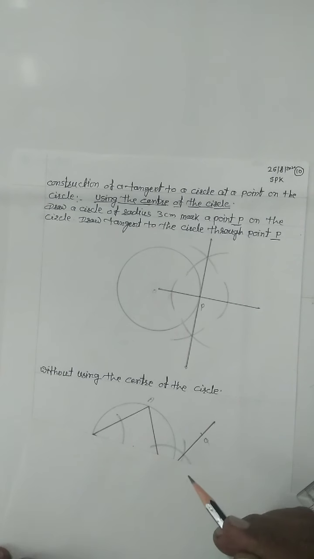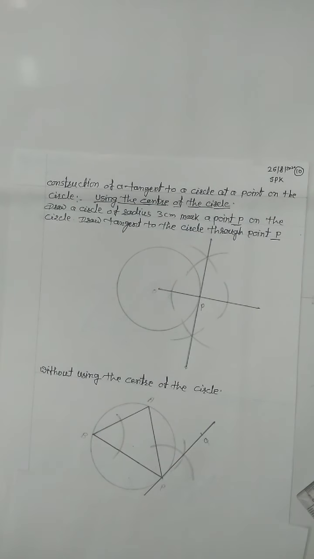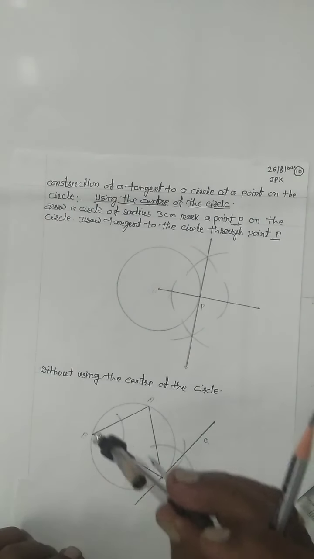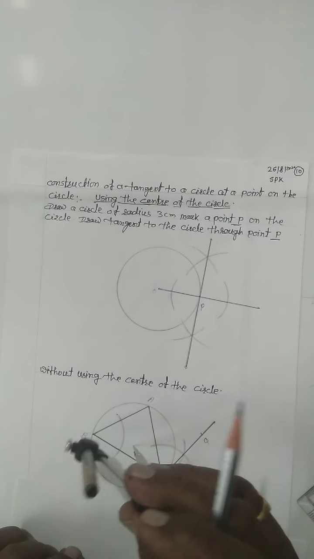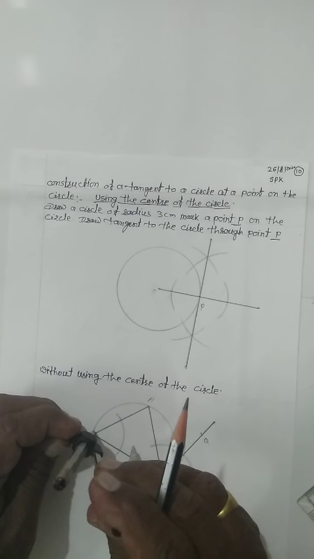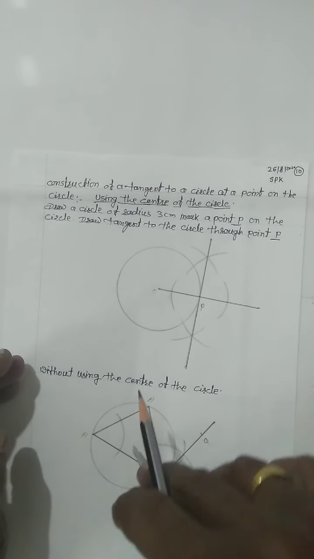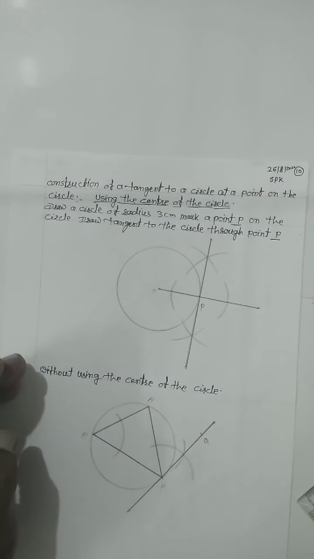Draw the tangent to the circle at the point P which lies on the circle. Now draw again a circle having radius 3 centimeter. In this way we draw the circle having radius 3 centimeter.